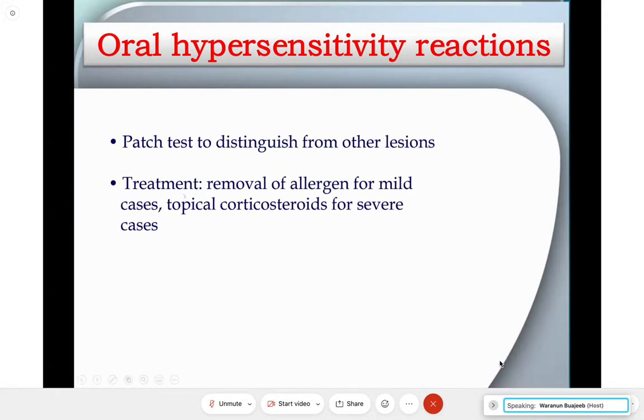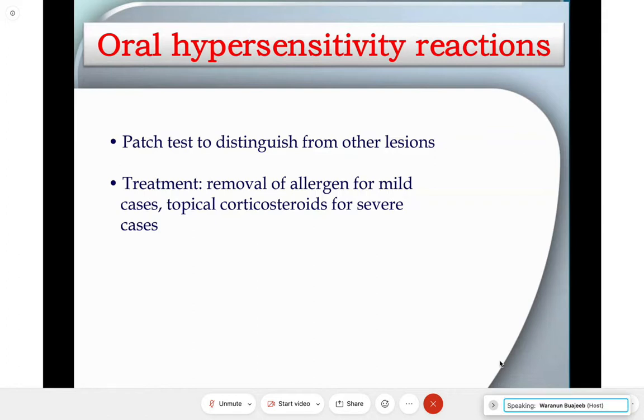So what we can do to confirm is to do the patch test. For dental material or other material, you can send the patient to the dermatology institute, which is quite near our faculty.